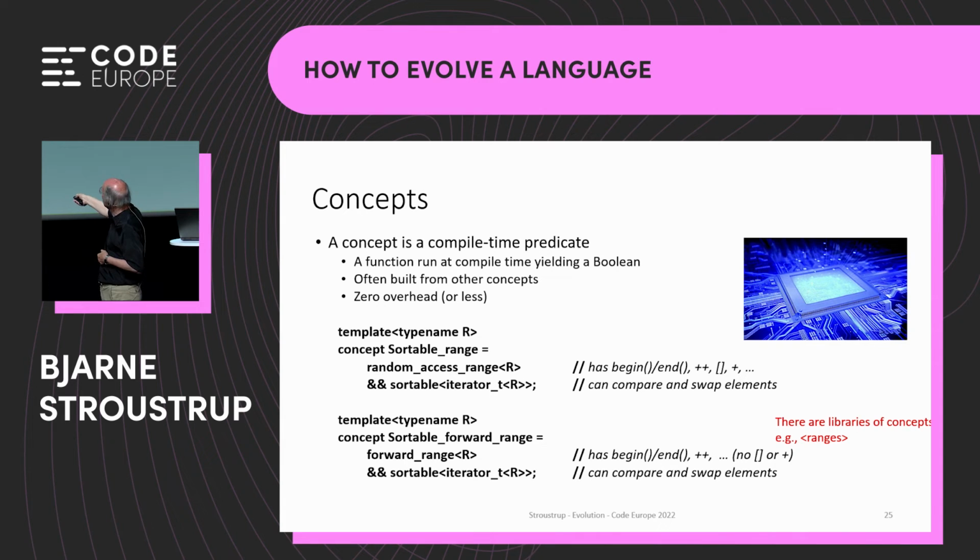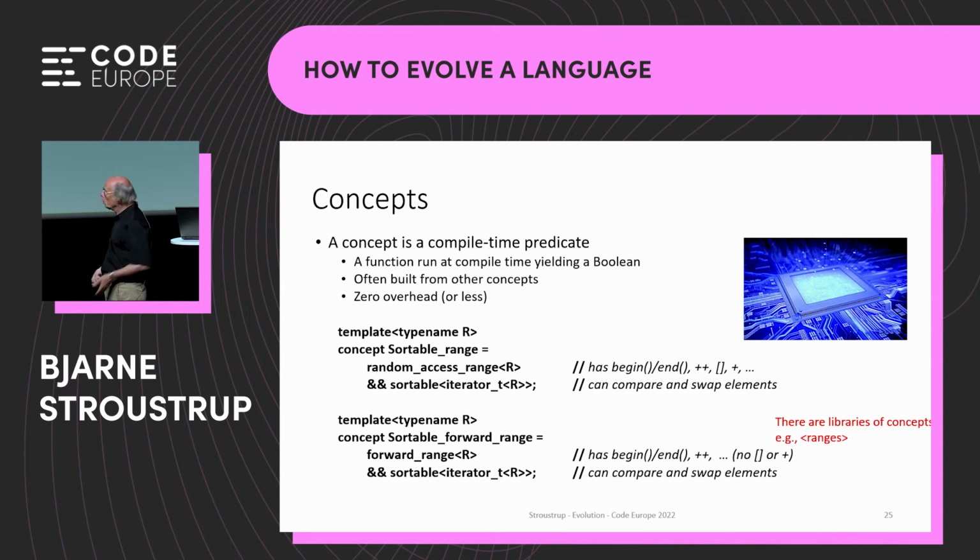So here's a sortable range. It is a random access range, so R is a sortable range if it has random access, it's a random access range, and it provides iterators that are sortable. Random access range and sortable and iterator_t are part of the standard library, so you don't have to invent them.